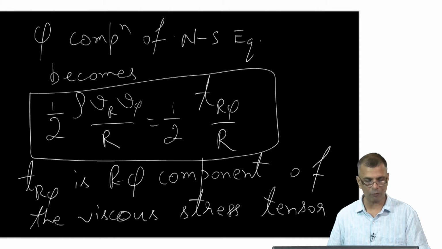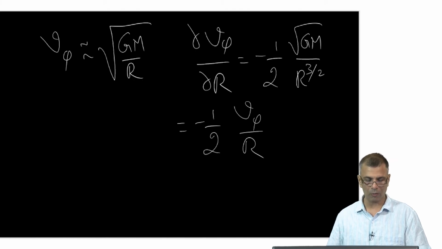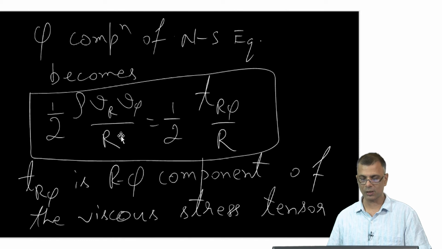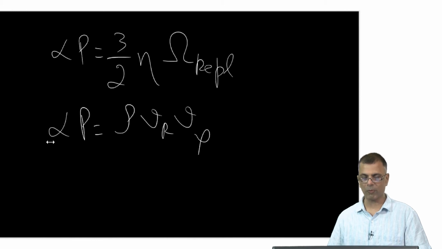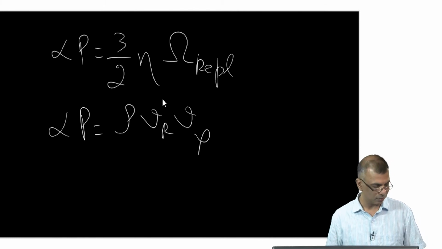This simply came from the phi component of this, right? And this was simplified using this, we simplified it to be this. So, essentially rho Vr V phi is nothing but Tr phi, which in turn is alpha p. So, we are back to this. So, we equate rho Vr V phi to this guy, right.